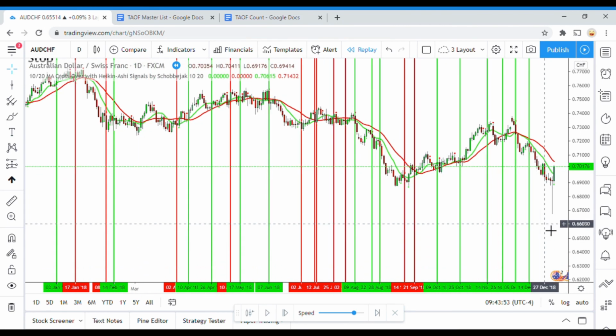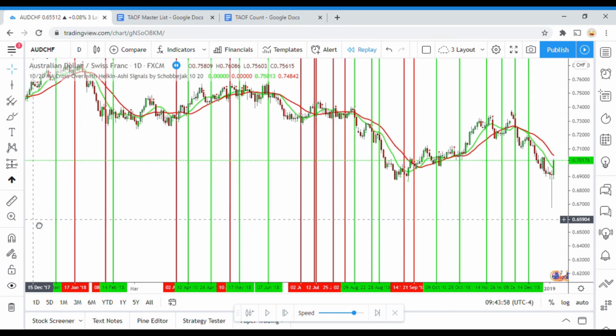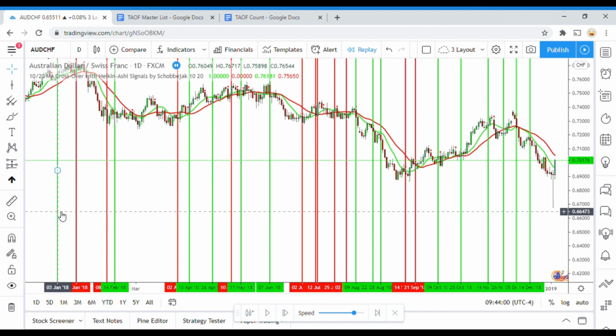All right, so let's see what we get out of this indicator here. Is that all the way back? Yep, that's all the way back. So we have 1, 2, 3, 4, 5, 6, 7, 8, 9, 10, 11, 12, 13, 14, 15, 16, 17, 18, 19, 20, 21, 22, 23, 24, 25, and 26.